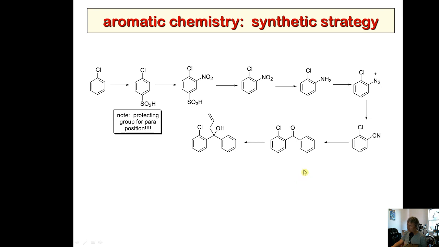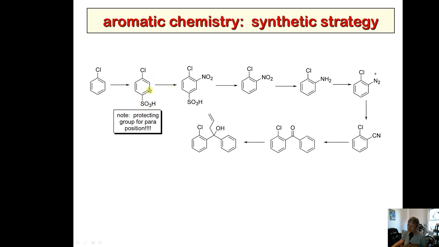This is just a random synthetic strategy, a pretty complicated synthesis. Chlorobenzene. The best way to do this when stepping through is usually you have the starting material and the product right next to each other, and then you go downward and wrap around. But in this case, sulfonation.